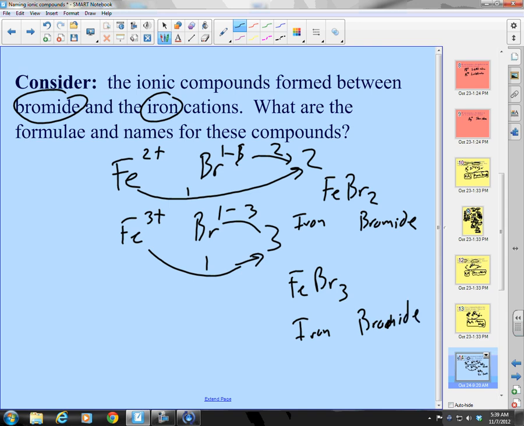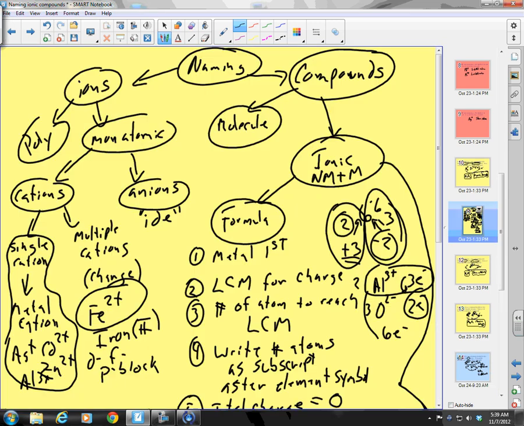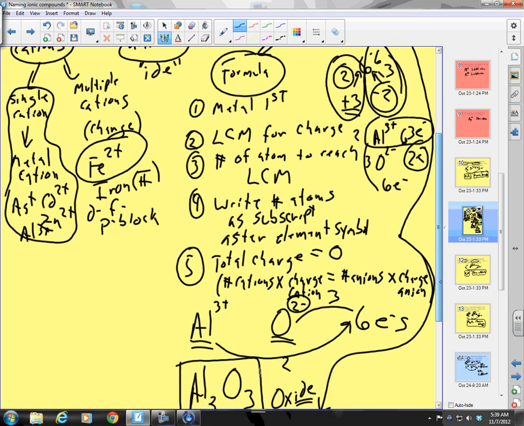But how do I tell the difference between the two of these? Well, same thing we did before. We're going to take our charge on our cation and put it in parentheses. So this becomes iron 2 bromide, and this becomes iron 3 bromide. Okay, so let's just add that to our naming here.